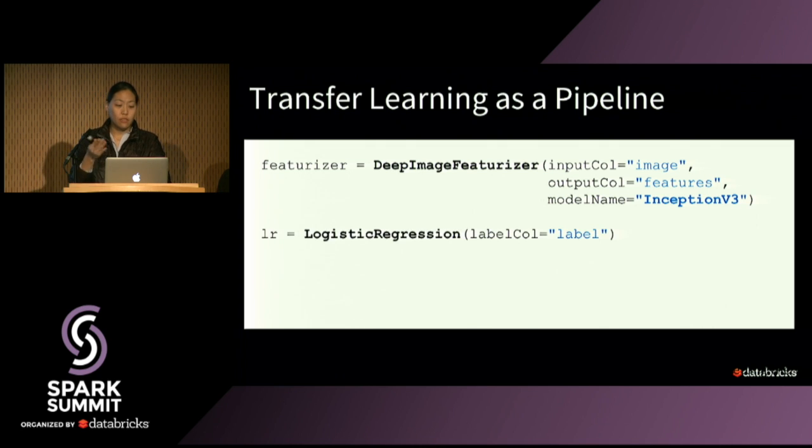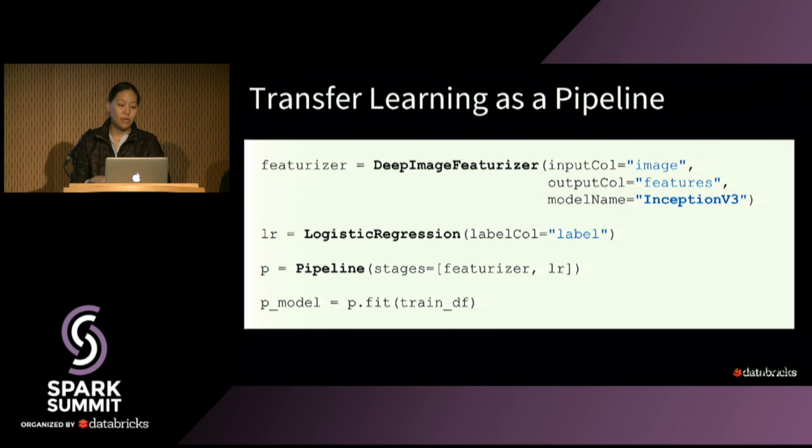And then you also specify a classifier like logistic regression. And then you can put that in a pipeline as featurizer and then logistic regression. And if you do a fit, this will output a model that you can actually export and use. Actually, you can't export the featurizer yet. We're fixing that persistence issue. OK. But then it will apply that deep learning transform and then the learned logistic model classifier if you use it on new data.